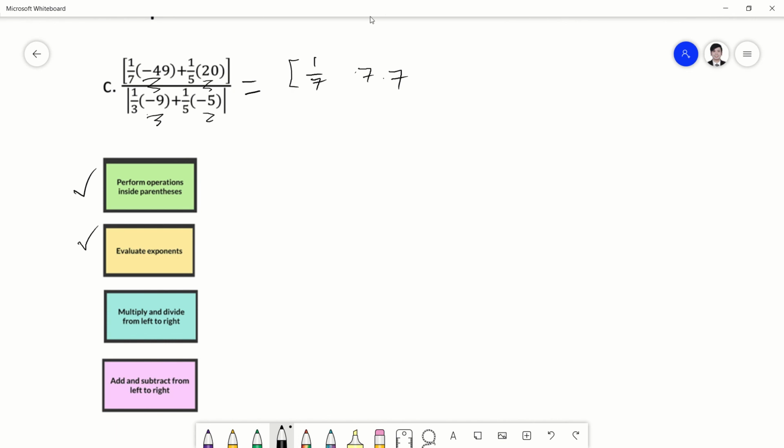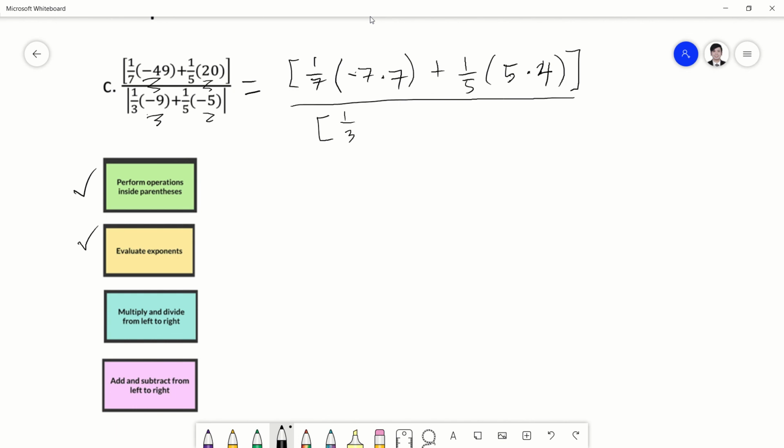And then going back, that would be negative 7 times 7. And then the 20 can be written as 5 times 4. Then bracket all over.